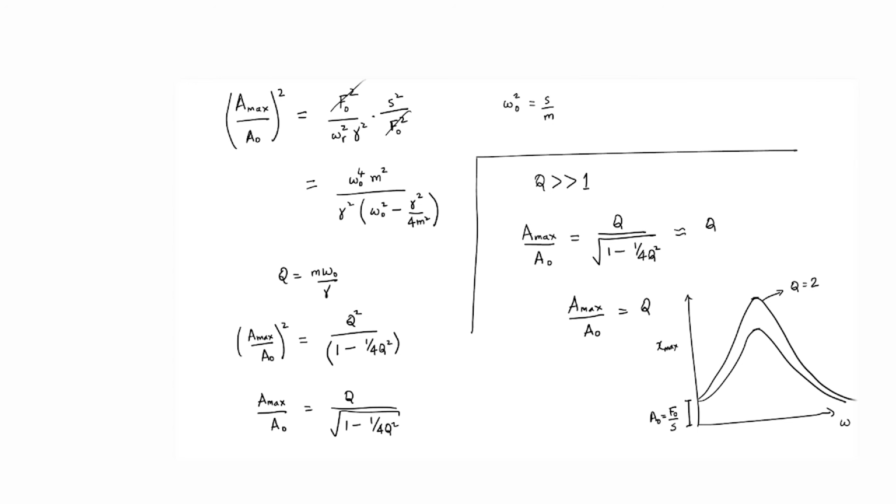So, which would mean that the peak here is twice this value, and so on. So, we can draw some more curves like this, and this could probably be q equal to 3, and so on. So, you would notice that larger the value of q, sharper is the resonance, and the resonance width, which is the value of this width at half the peak with respect to this peak, it gets narrower and narrower as q increases.